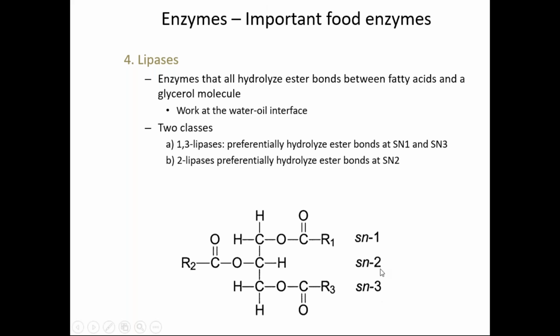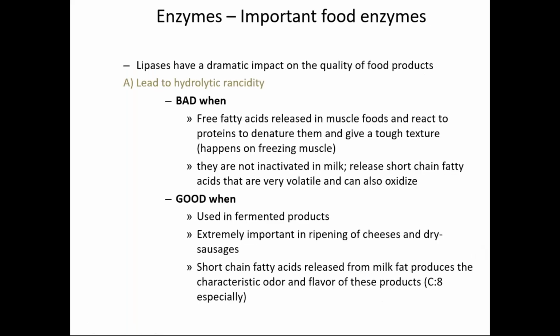The lipases are very specific for hydrolyzing either the SN1 and SN3 or the SN2 bonds. Some of the lipases known in the food industry are bad because, as we have seen when looking at the lipids, if it hydrolyzes and free fatty acids are produced, these free fatty acids cause rancidity as well as they increase the peroxide value.